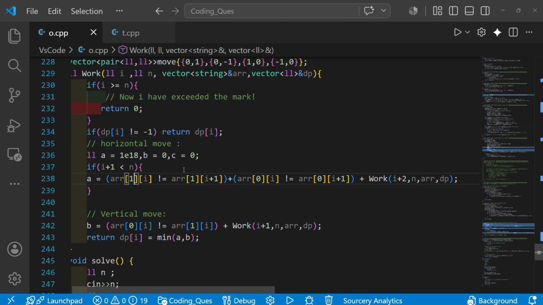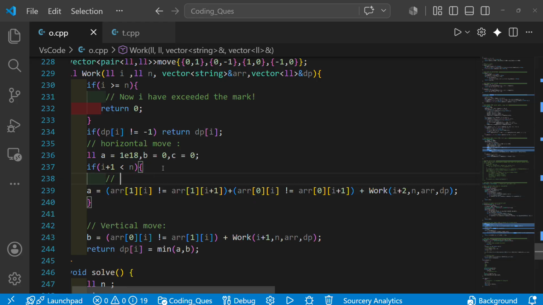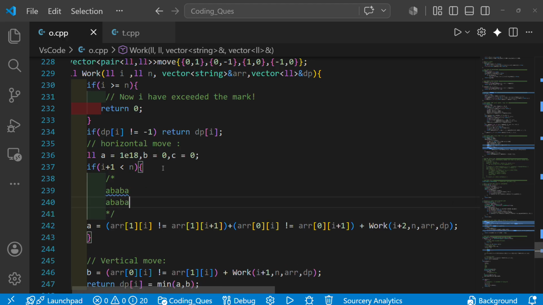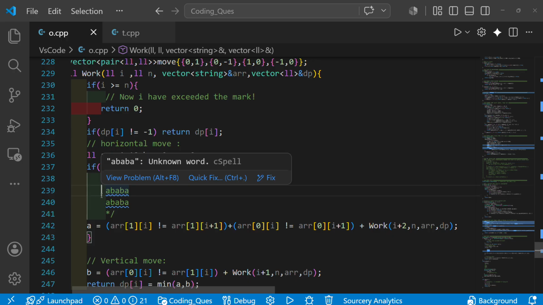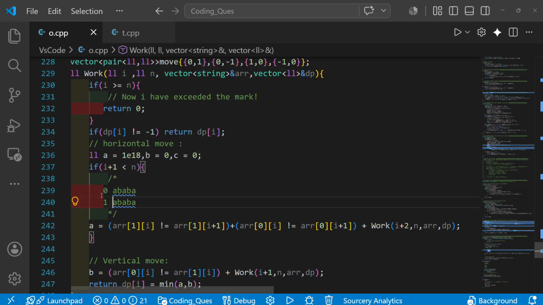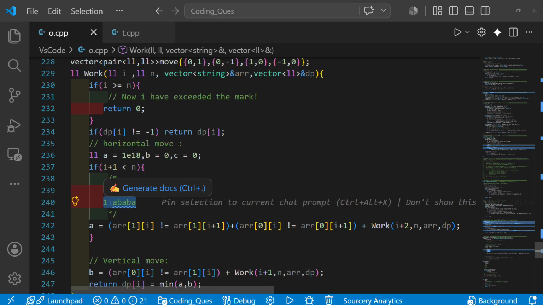So if I have AB and AB here, what I'm checking is, let me explain this to a non-coding person, this is the zeroth row and this is the first row.